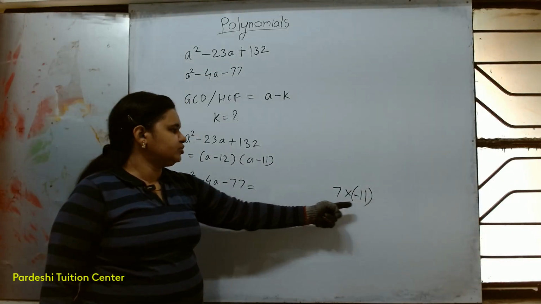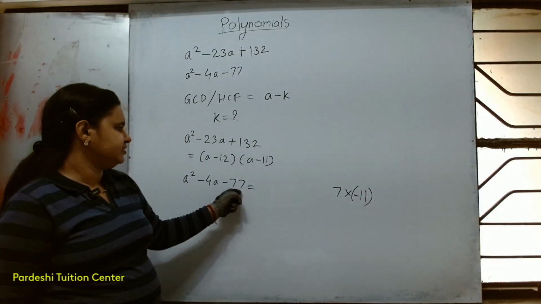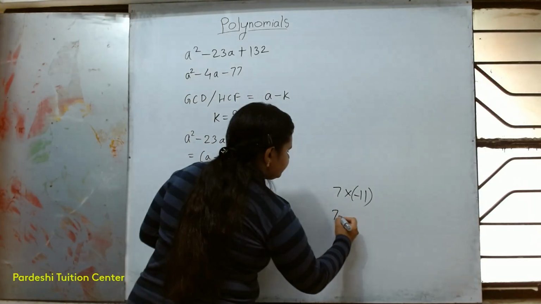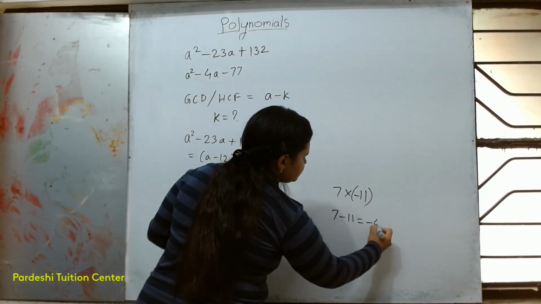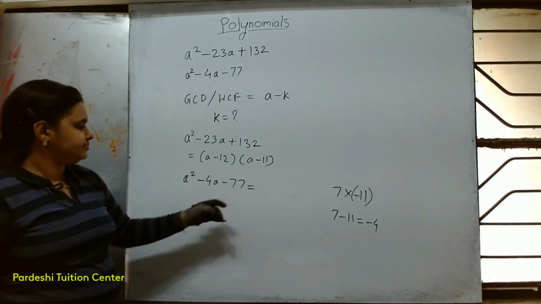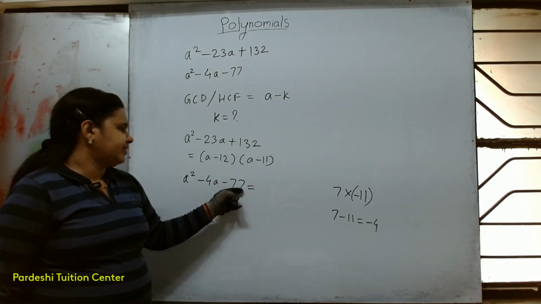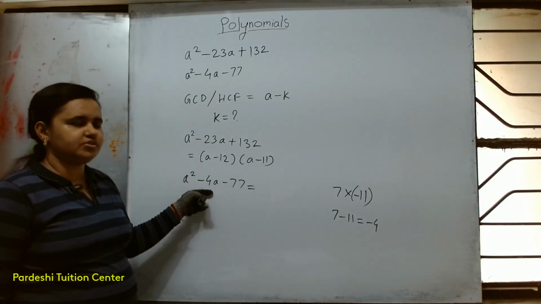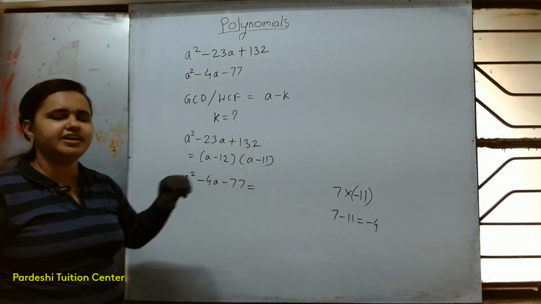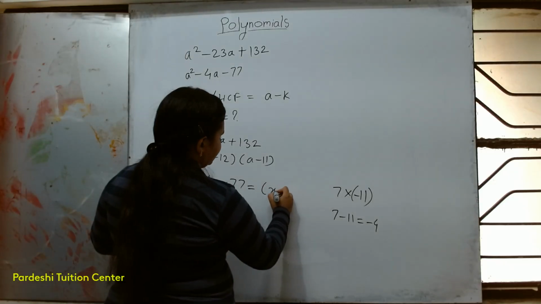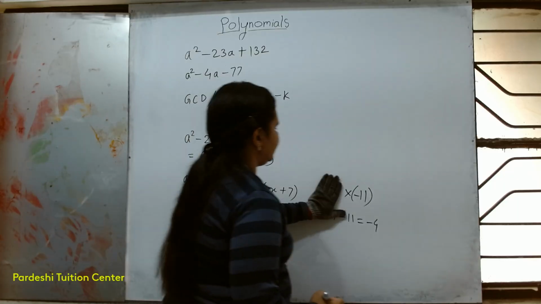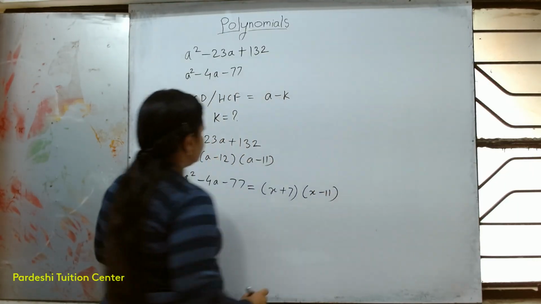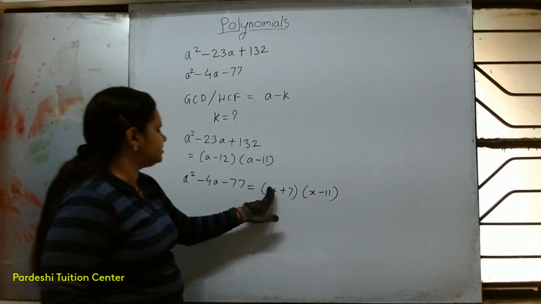Now 7 into minus 11 is minus 77, and if I add 7 minus 11, it will be equal to minus 4. So the factors are a plus 7 and a minus 11.